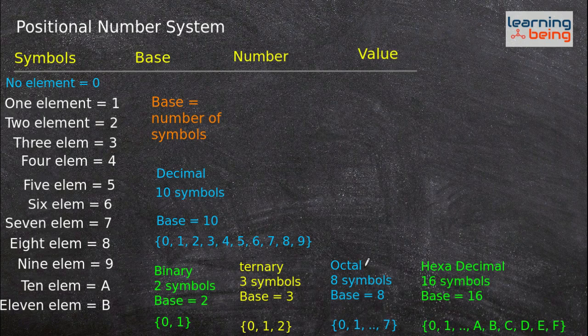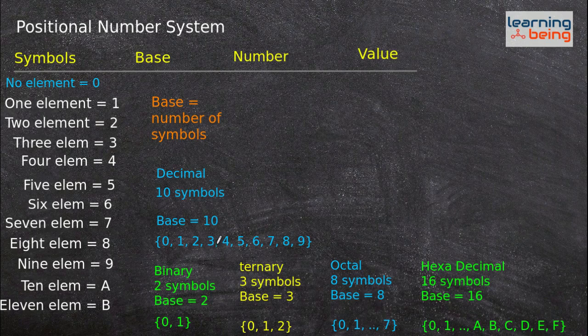Similarly, two other popular number systems are the octal number system, in which 8 symbols are used, so the base is equal to 8, and the set of symbols is 0, 1, 2, 3, 4, 5, 6 and 7. That is a total of 8 symbols. And also the hexadecimal number system, where 16 symbols are used, so the base is equal to 16, and the symbols used are 0 to 9 and A, B, C, D, E, F. 6 letters are used to complete a total of 16 symbols.